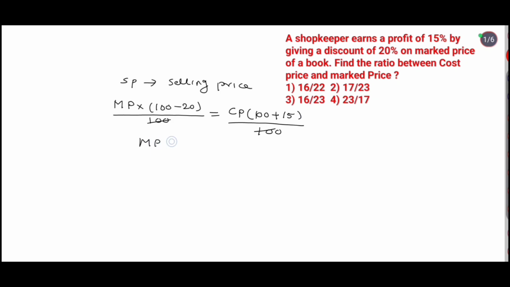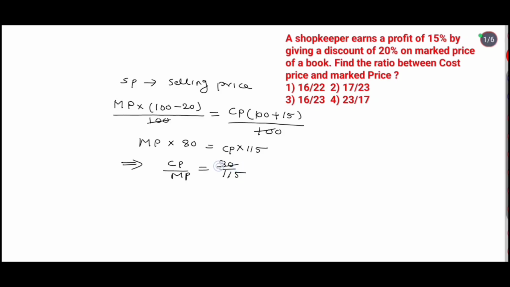Market price multiplied by 80, cost price multiplied by 115. The ratio of the cost price and market price: cost price by market price is 80 by 115.